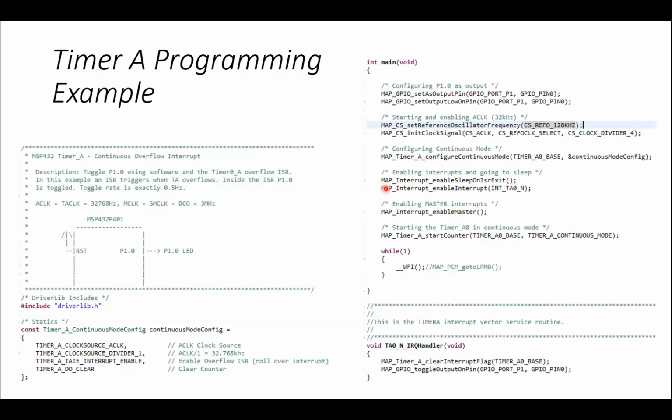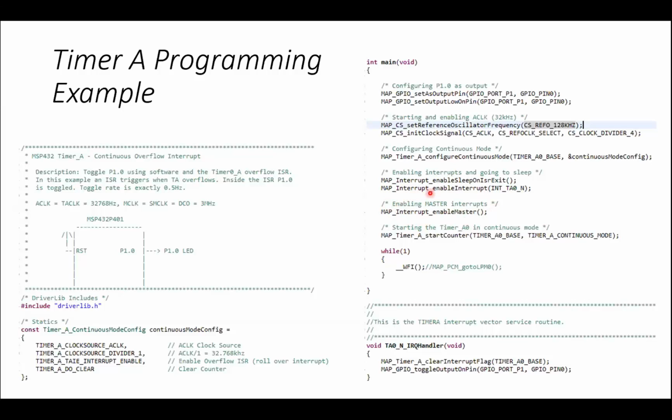Here you enable the interrupt, and for interrupt 0 you should write this keyword here, int ta0n. This is a keyword from TI. You cannot use another name.